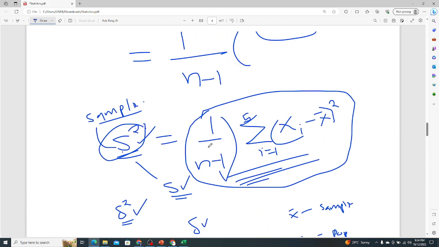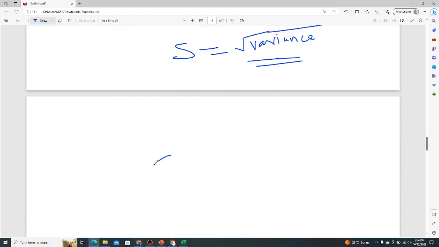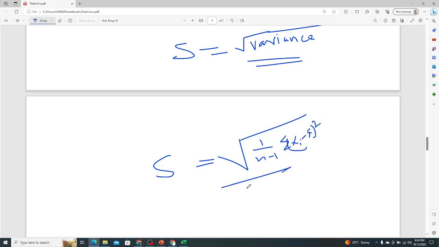So in this case, our standard deviation will be the square root of 1 divided by n minus 1 times the summation of xi's minus x bar squared. So this is our standard deviation.